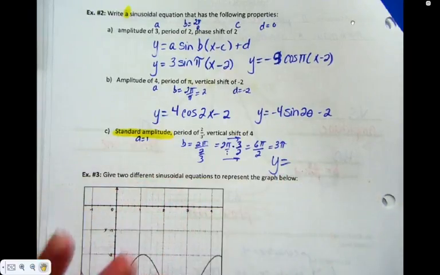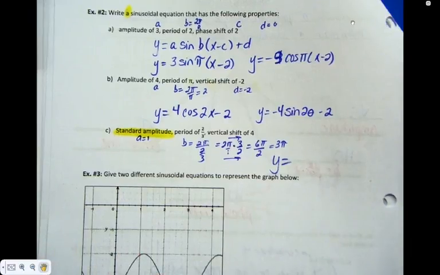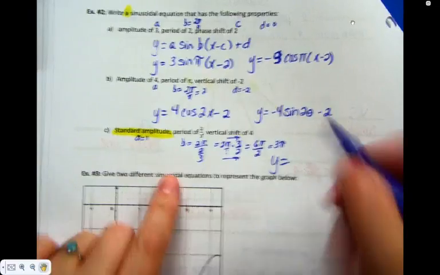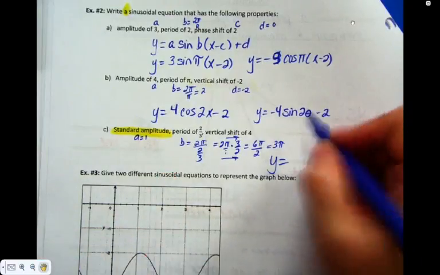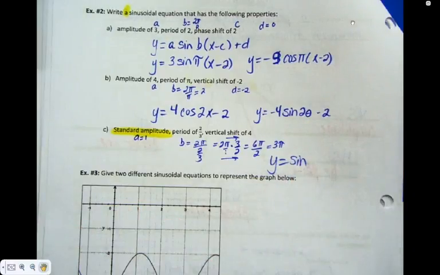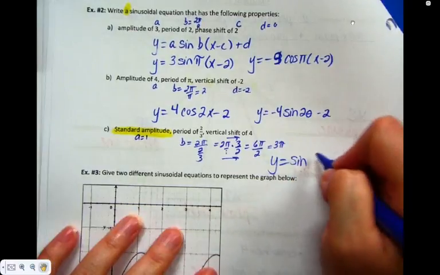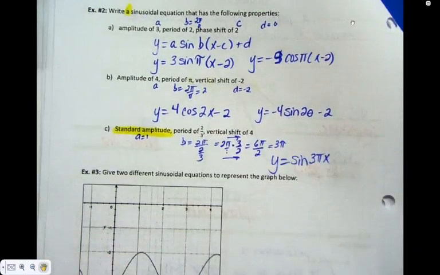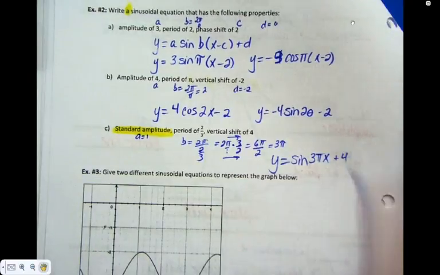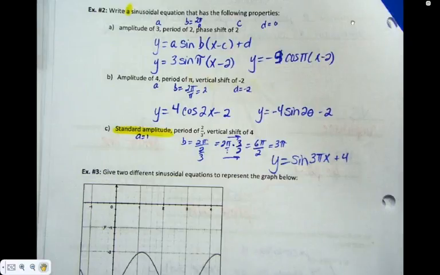Nothing, but mathematically we know what's there, the one that we don't see. So the first thing I'm going to start with is the imaginary 1, and then sine or cos, your choice. Sine tends to be the favorite. What comes after the sine? And then an x or a theta, no brackets. Why no brackets? Because we don't have a c, and plus 4. I could also have negative cos 3 pi x plus 4. I could have sine 3 pi theta plus 4.